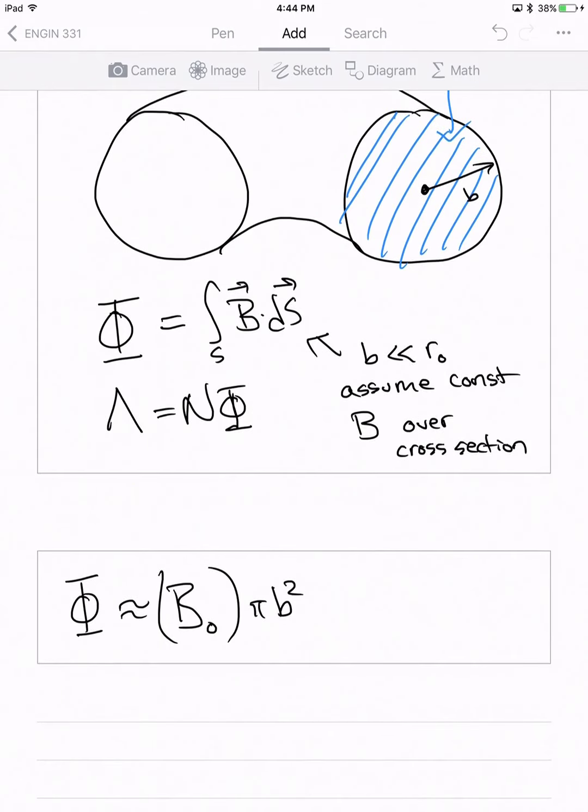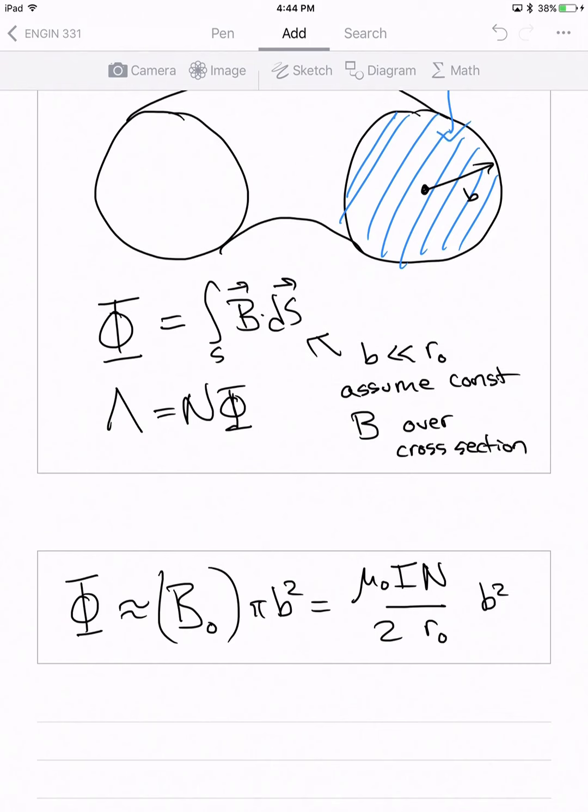So if I substitute in my value for B naught, I have mu naught I N over 2 pi r naught times pi b squared. Those pi's cancel out, and then I have mu naught I N b squared over 2 r naught.